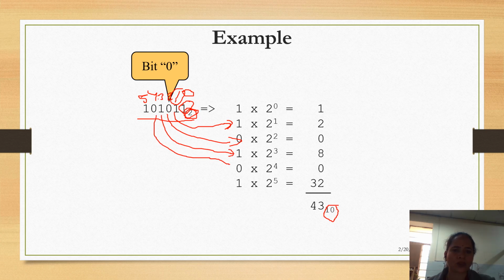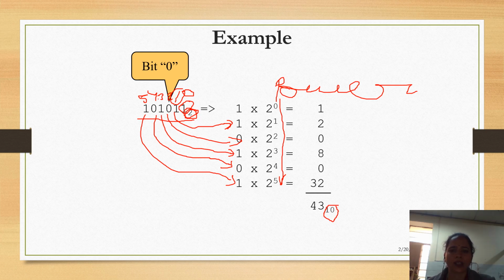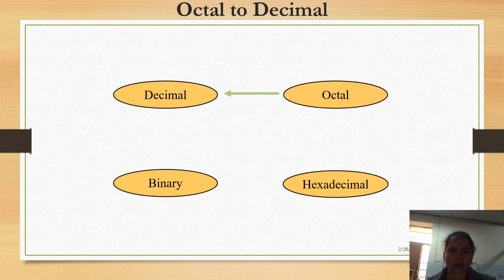Next, 0 is multiplied by 2 to the power 4, and 1 is multiplied by 2 to the power 5. So the power is always in an increasing way. Now we add all these numbers and we get 43 base 10. So the decimal conversion of 101011 is 43 base 10.